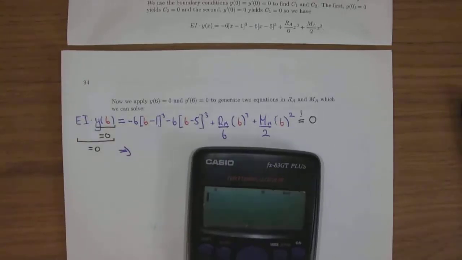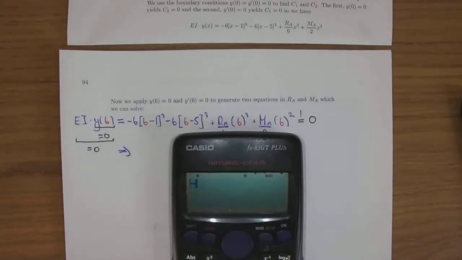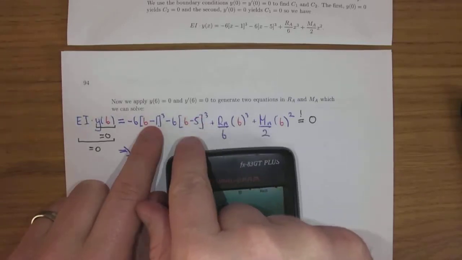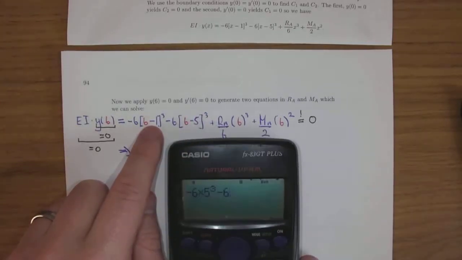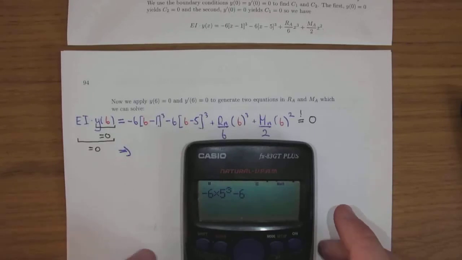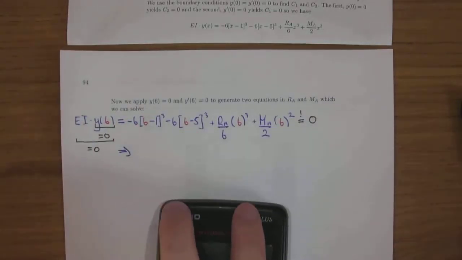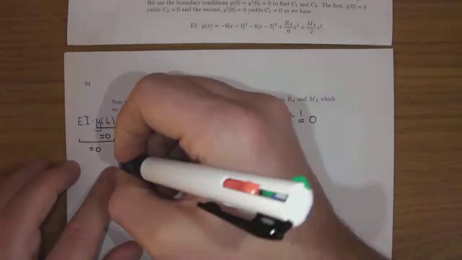Okay, so I get minus 6 times 6 minus 1, don't put that into the calculator, it's 5 cubed. Minus 6 by, now that's 1 cubed, that's just 1, so minus 6 by 1 is just that. So that's minus 756, so add that to both sides.